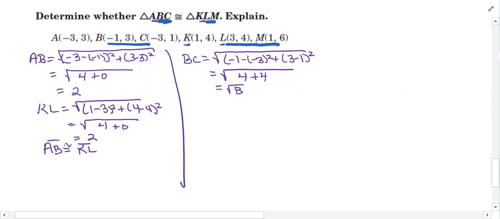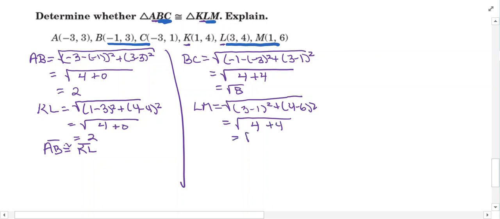The side that corresponds is LM. So 3 minus 1 squared plus 4 minus 6 squared. 2 squared is 4. -2 squared is 4. So we're at 8. So we've proven that BC is congruent to LM.